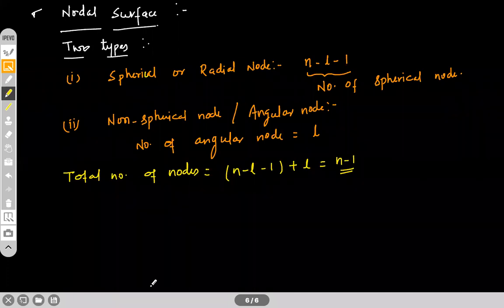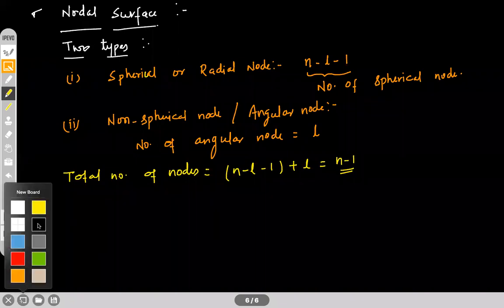But first of all, if I ask you the number of nodes for a 1s orbital, the total number of nodes, spherical, angular, both, you tell me. For a 1s orbital, how many spherical nodes do we have?